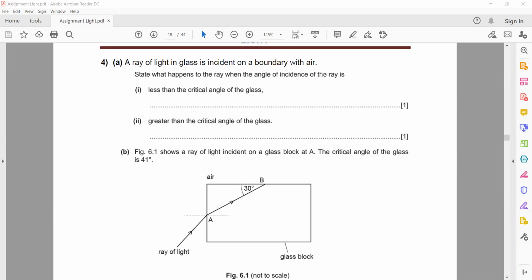In question 4, a ray of light in glass is incident on a boundary. What happens when the angle of incidence is less than the critical angle?